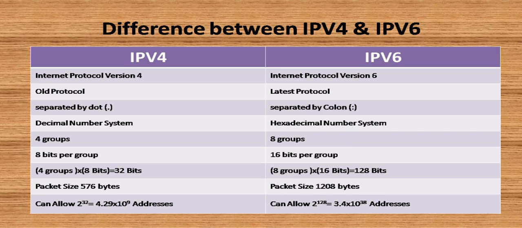And the last point is address of IPv4 consists of 32 bits, so it can allow 2 raised power 32 equal to 4.29 into 10 raised power 9 total IP addresses. And on the other hand, IPv6 can allow 2 raised power 128, which is equal to 3.4 multiplied by 10 raised power 38 IP addresses.